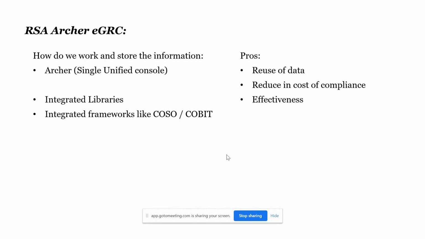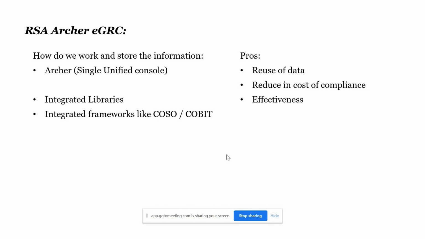And we have MetricStream, another GRC tool, and we have IBM OpenPages, developed by the IBM company, and we have LogicGate. We have different types of tools in the market, but RSA Archer is one of the most in demand. So what does Archer give us?